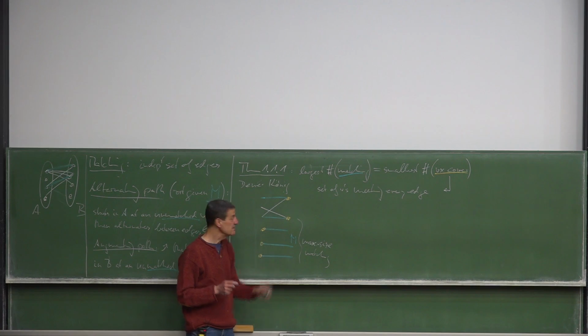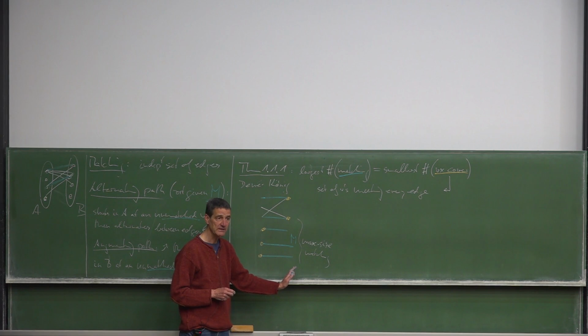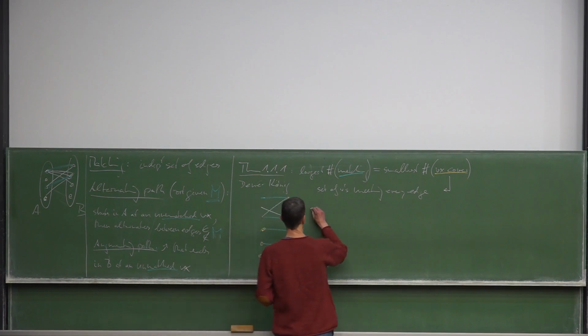We have learned that any vertex on the right that we can reach by an alternating path... let me write it down.